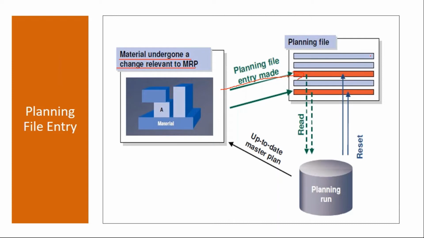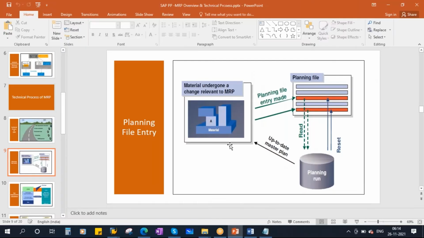Here you see we have 5 materials in total, out of which only 2 have undergone change, marked in red. That means after the previous MRP run, these have undergone change. When you run MRP, the system will read those entries and plan only those 2 materials, not all. After the MRP run, those indicators will be reset. Now we will see this in the system.